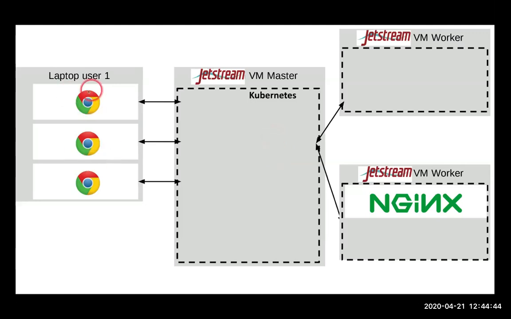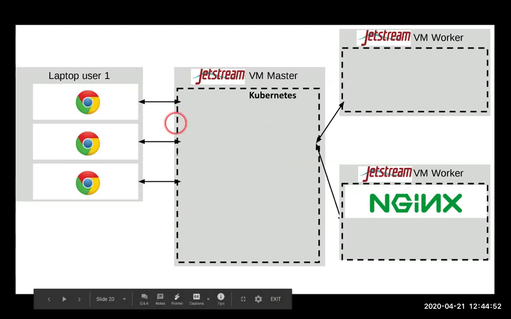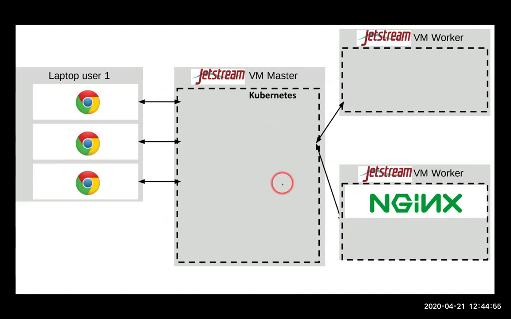So even if the user is connecting on the public address of the master node, all the forwarding is done properly so that this service is still reachable from the outside user.